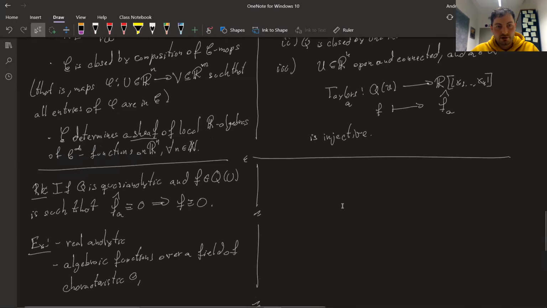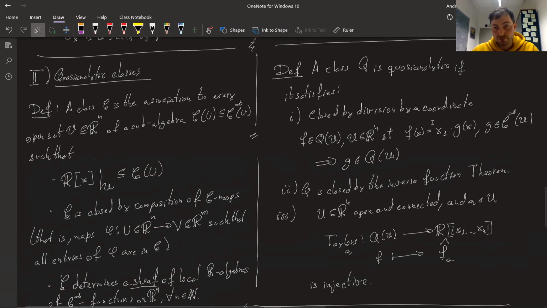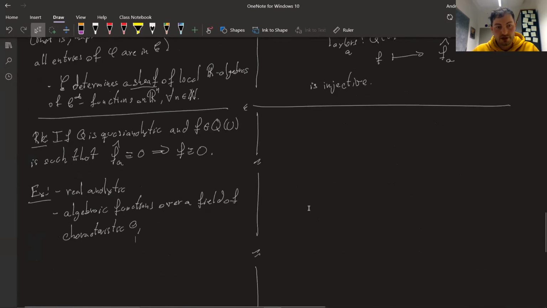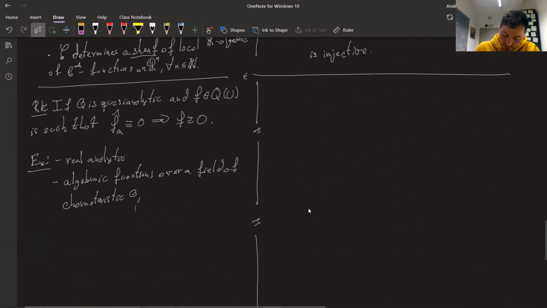They will satisfy all of these properties, like being closed by division by a coordinate, certainly, composition also determines a sheaf, and contains the polynomials, which are the algebraics. They are going to satisfy the Taylor expansion, but they do not satisfy the inverse function theorem, at least in the usual Zariski topology. So here we have to change the topology so that we can do this.